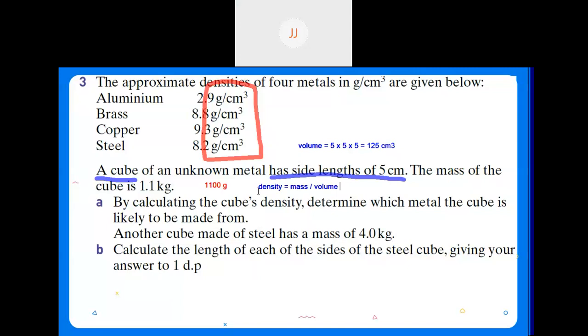The mass is how many? 1100. And the volume is? 125. How many will it be? You can use a calculator. So it will be 8.8 gram per centimeter cube.